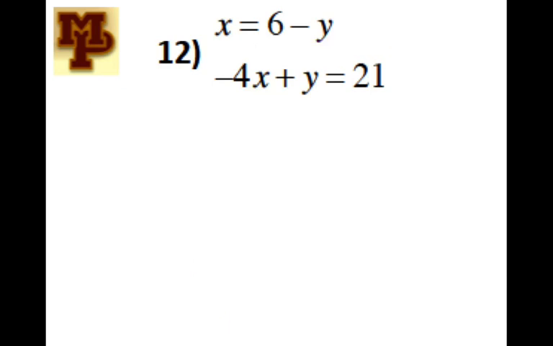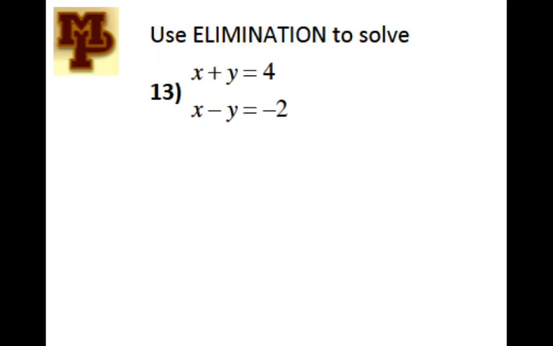Okay, we move on to elimination. This one here is set up perfectly for elimination, because if we add these together, the y's already eliminate. X plus x is 2x. 4 plus a negative 2 is positive 2.